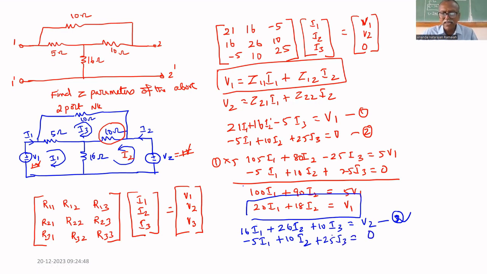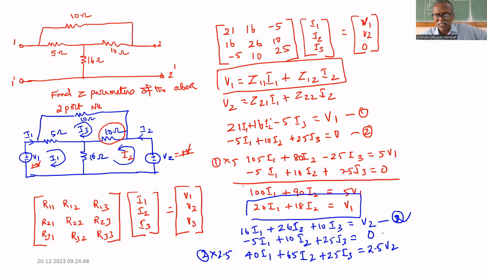So multiply the second equation by 2.5: 40 I1, 65 I2, plus 25 I3 equal to 2.5 V2. Check whether I am correct or not.